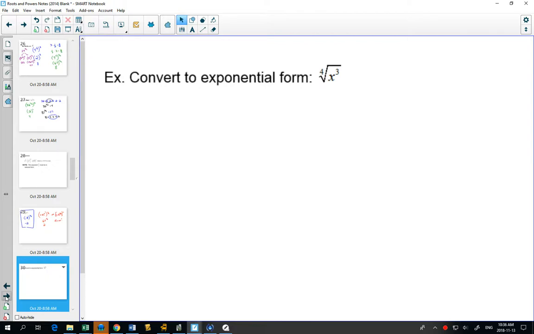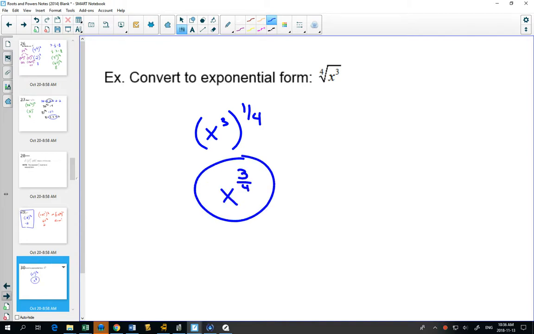So one of the things besides simplifying: sometimes something's in radical form, and you want to change it to exponential form. So in this case, the fourth root of x cubed, we could take the first step and change the fourth root to an exponent of 1/4, and then use your power law to multiply those and simplify it to be x to the 3/4.